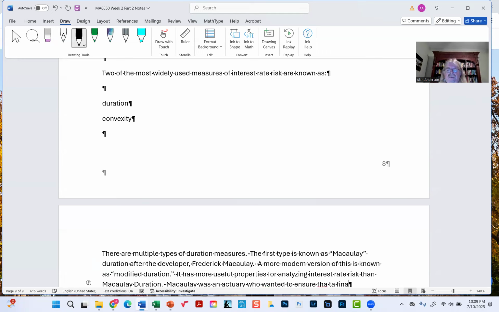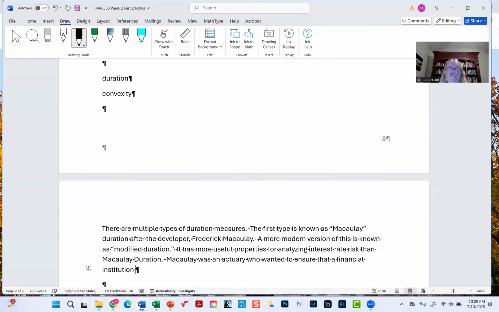that a financial institution always had enough funds on hand to cover its potential liabilities.